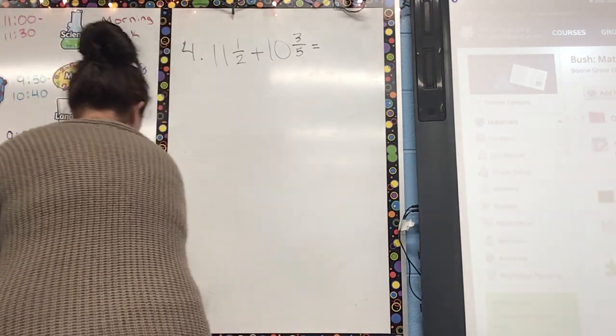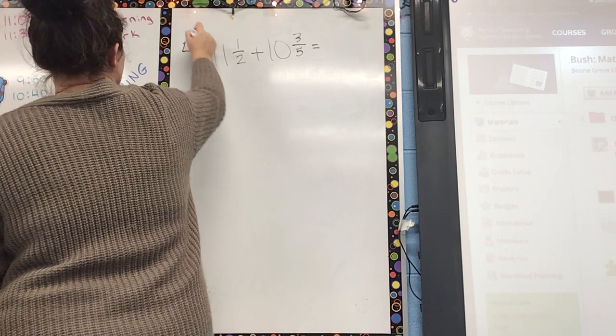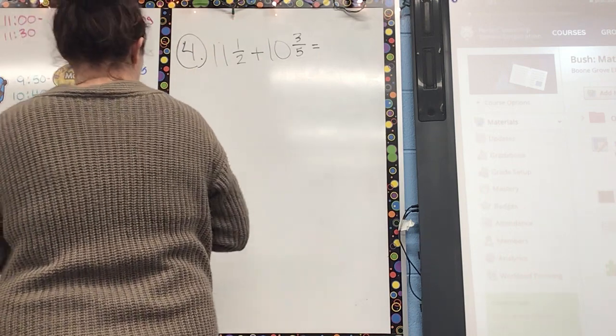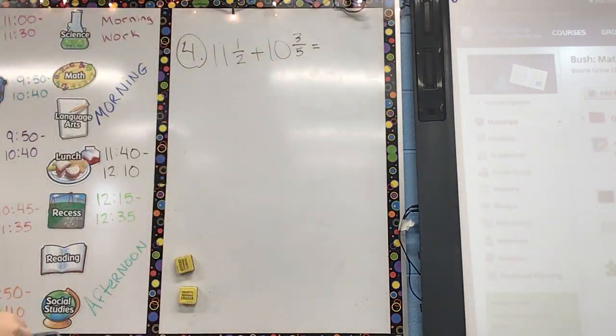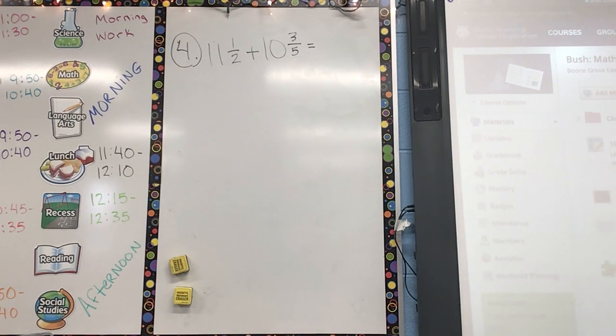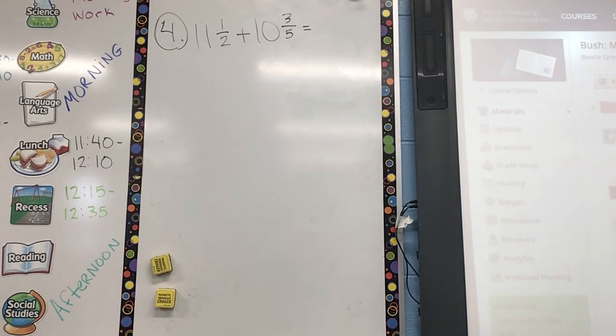I want you to try this one on your own. Number 4. 11 and 1/2 plus 10 and 3/5. You try it on your own.